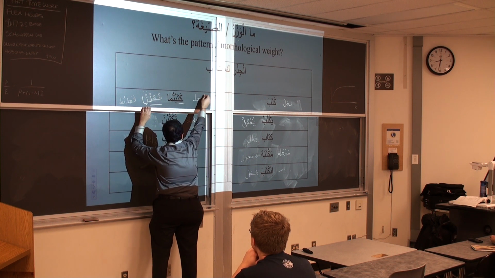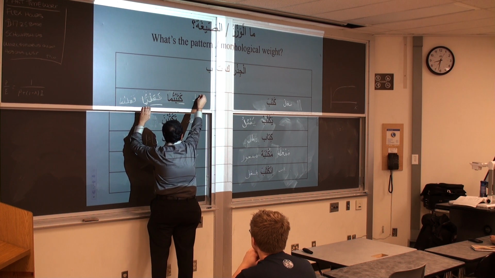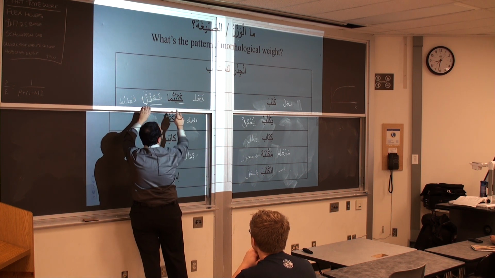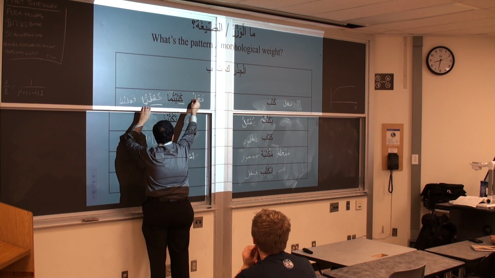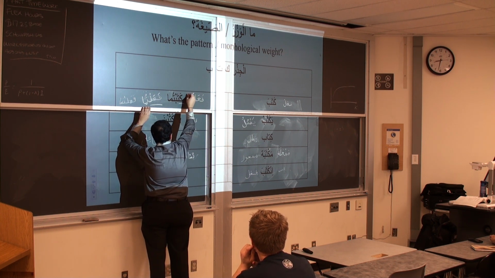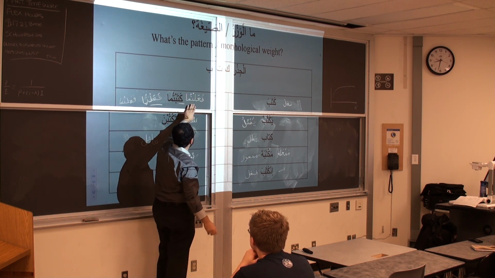The kaf has a fatha, so the fatha will be put on the fa, the ta has a fatha, so the fatha will be put on the ayn, the ba has a sukoon, the sukoon will be put on the lam, and then we'll add all the extra letters with their short vowels, so it will be fa'altuma.